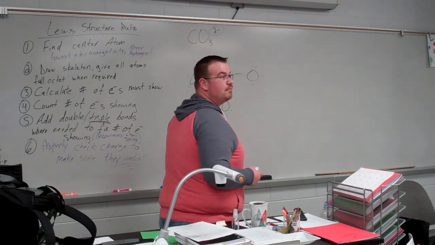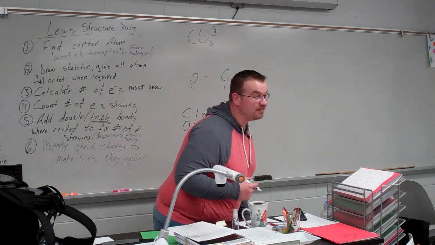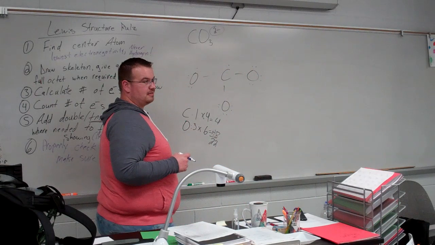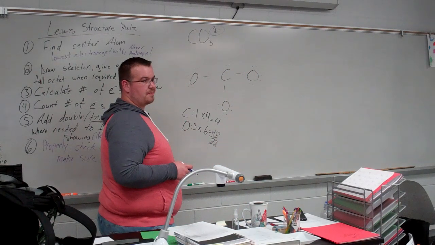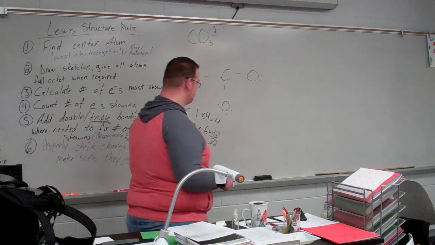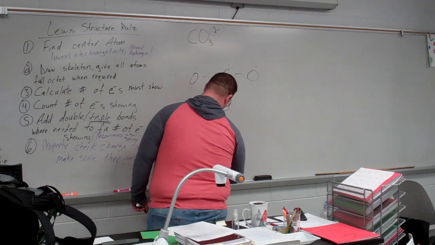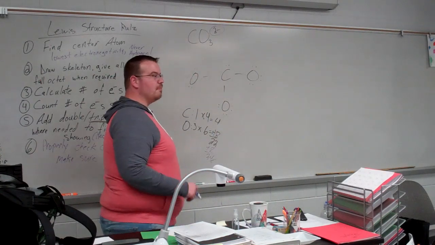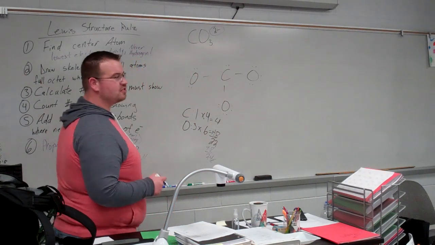There's a minus because electrons are negatively charged, so you have to do the opposite. If it said plus 2, you would have to subtract. So we must show 24 electrons.